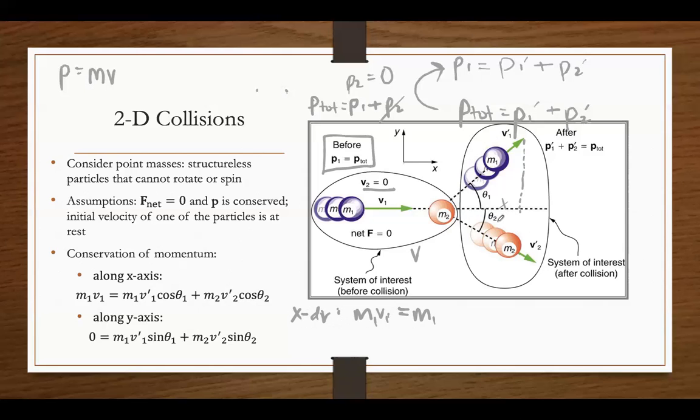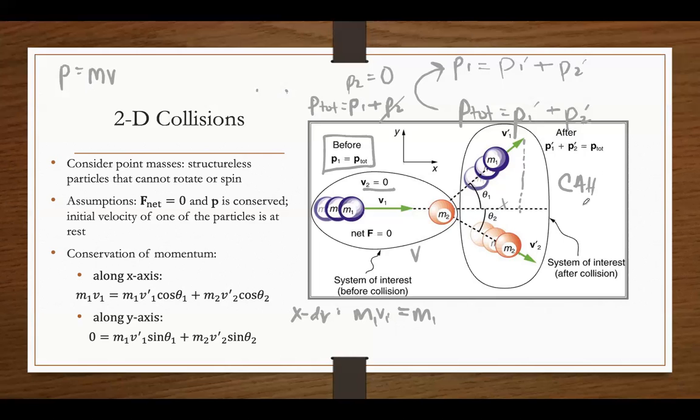Using our trig identities, we can say our adjacent, this side of the triangle, divided by our hypotenuse, which is V1 prime, will be equal to what? We have adjacent and hypotenuse, so it's cosine.